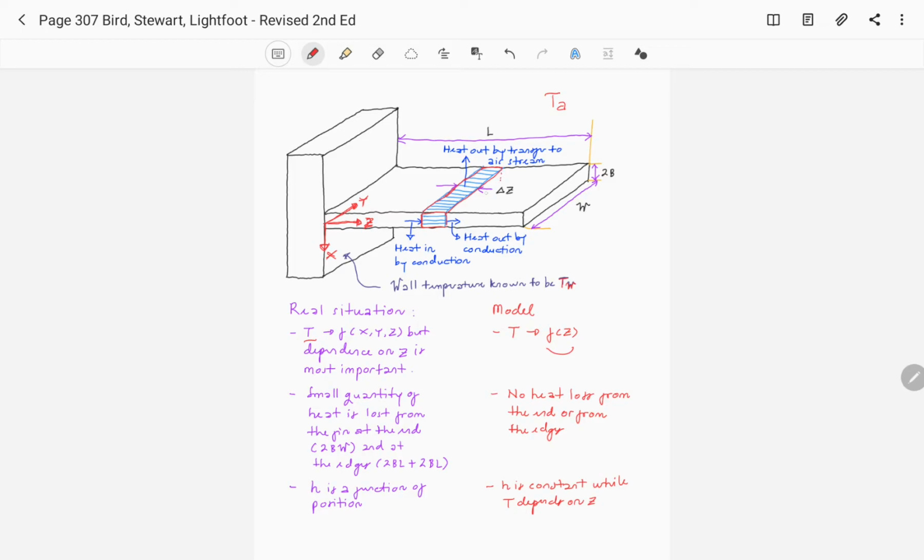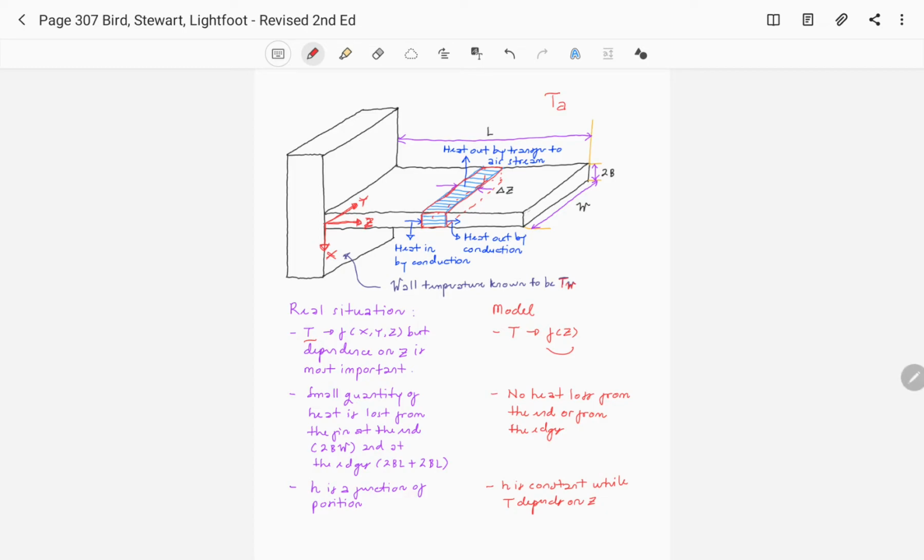This shell element here is actually a 3D shell element. So if I put in a dashed line here, then I can see the part that was not shown. Then the second assumption is that a small quantity of heat is actually lost from the fin at the end.